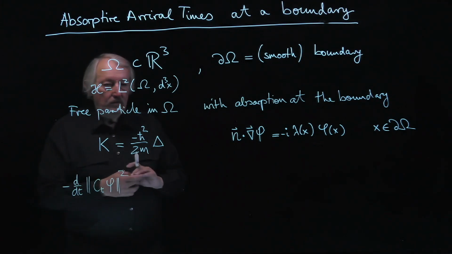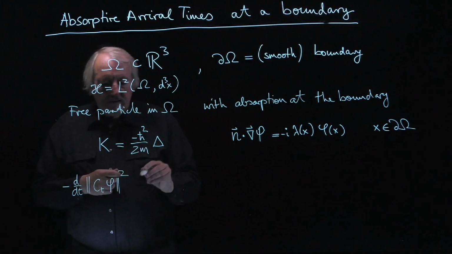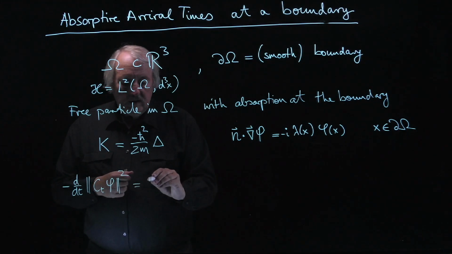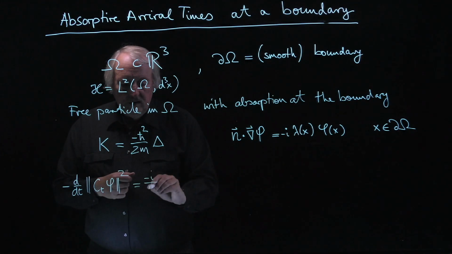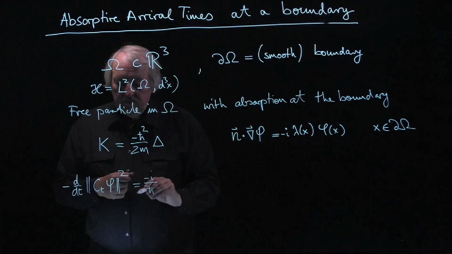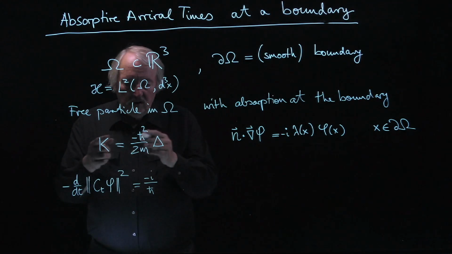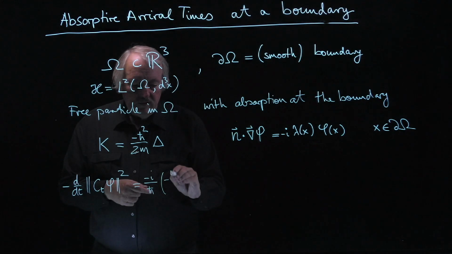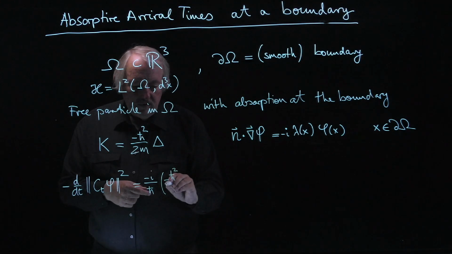That's the overall thing that we have to compute. And we already did part of this computation, so we get a minus i over h bar. And then there will be some constants coming from k here, like those.